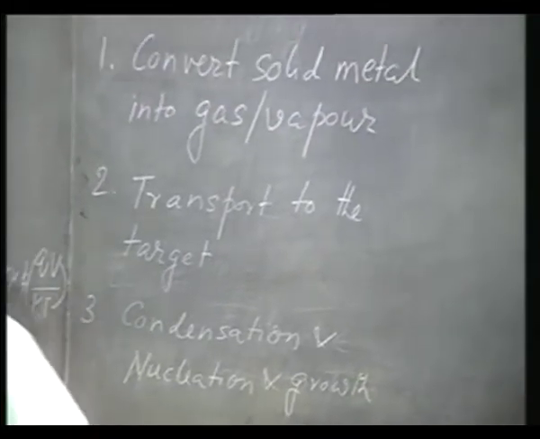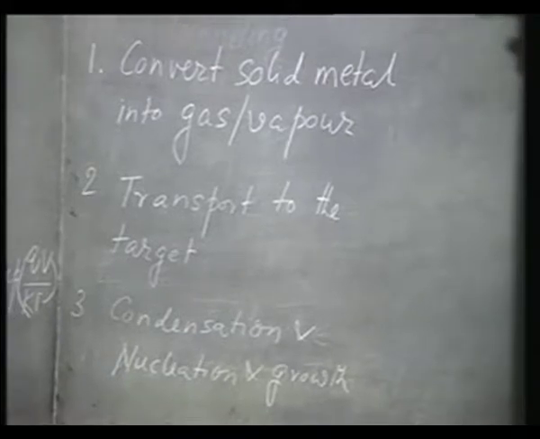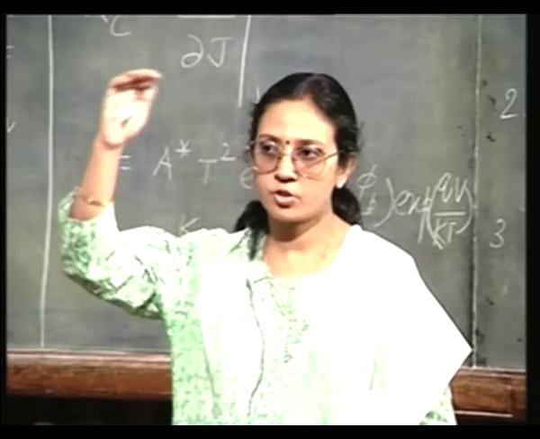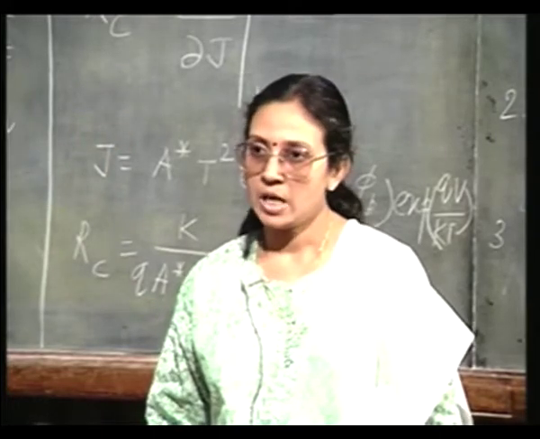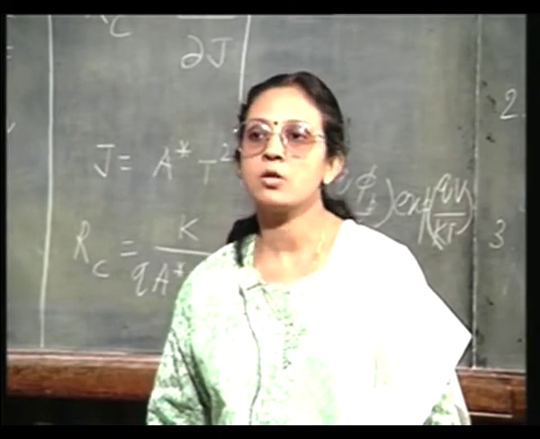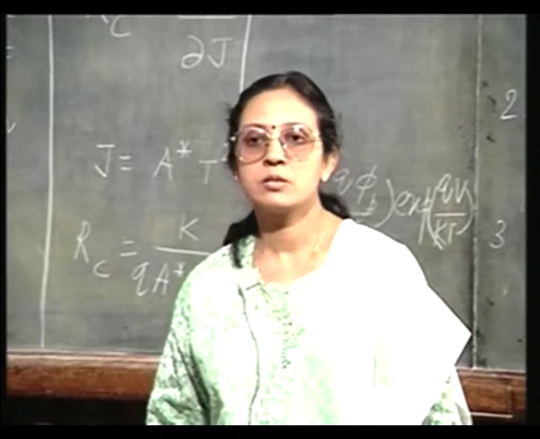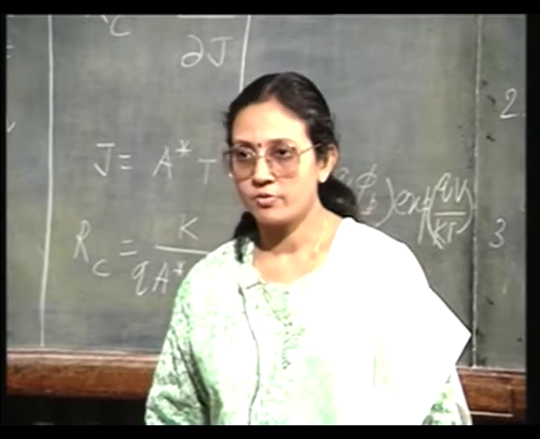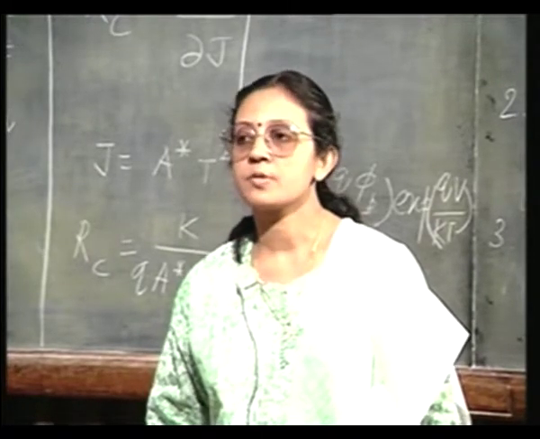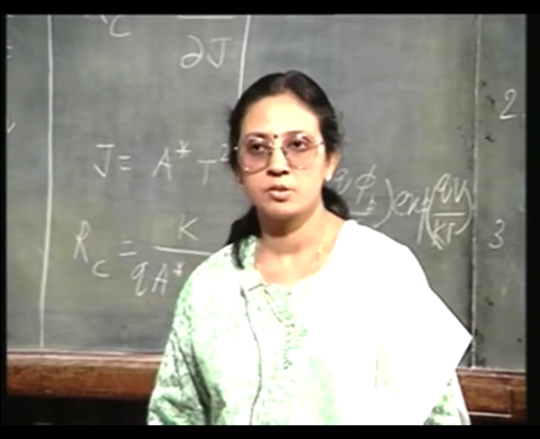In evaporation technique, you have a substrate which is kept at a lower temperature and you have the metal source placed on a heater. So, what happens? You heat the source, metal forms a gas or vapor, and because the substrate is at a lower temperature, it condenses on the substrate.